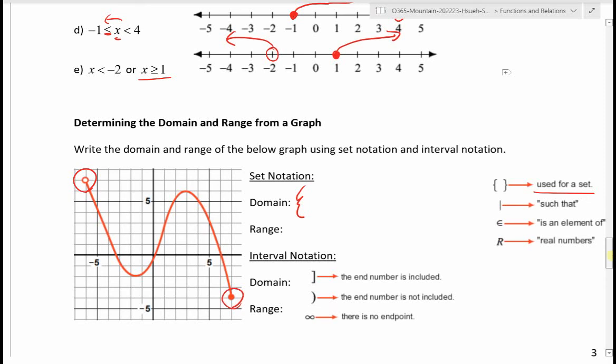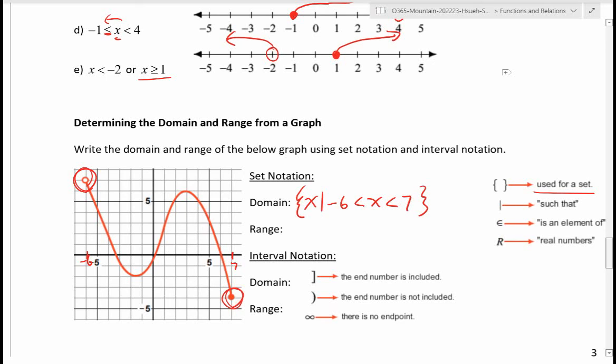So the domain would be the x values such that x is in between, okay, the x value of this point here is -6, and the x value of that point is actually 7. Okay, so x is between -6 and 7. However, if you look at the endpoints, namely these 2 points, you can see that's a hollow dot, which means does not include.